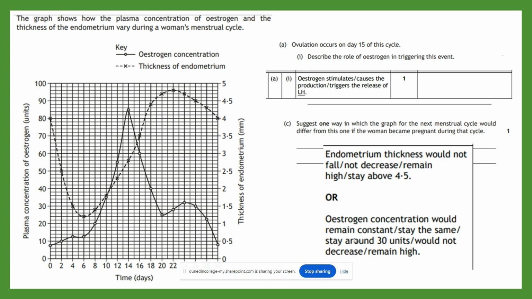So either focus on the endometrium itself or on the estrogen concentration levels, which will remain constant, stay the same, stay around 30 units if you're taking the data from the graph, or would not decrease or would remain high. Hopefully that's helped the menstrual cycle make a little bit more sense. As I said, you can always leave your questions if you have any.